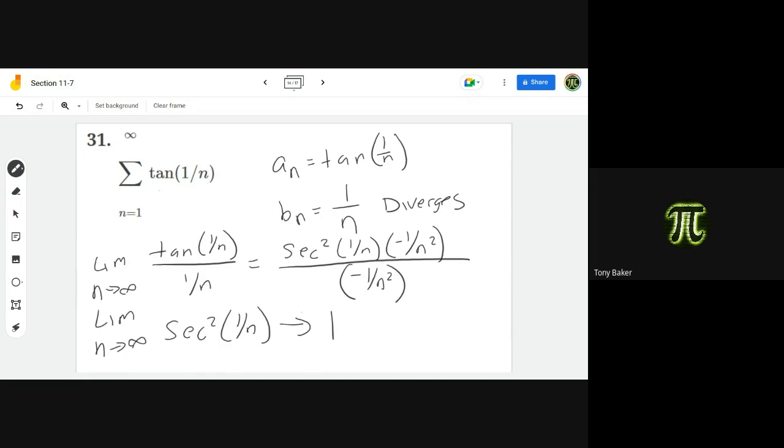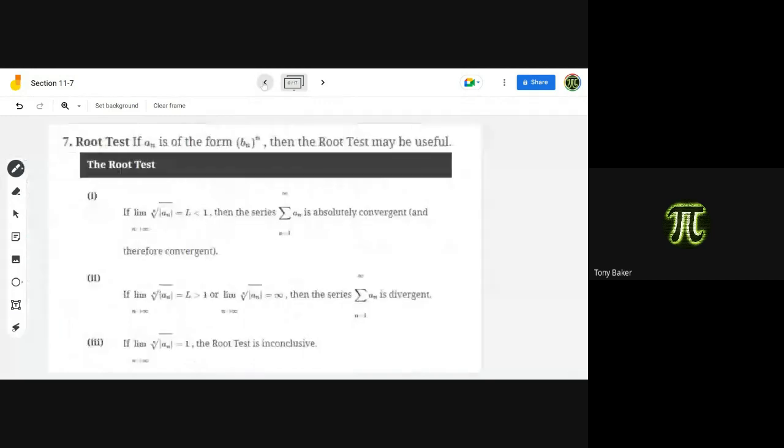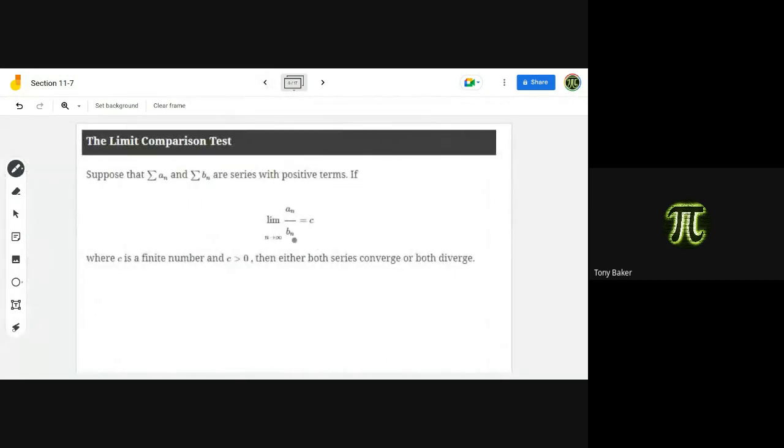The limit comparison test says what? Root and ratio test are 1. Limit comparison test, as long as the number is greater than 0, it does the same thing.